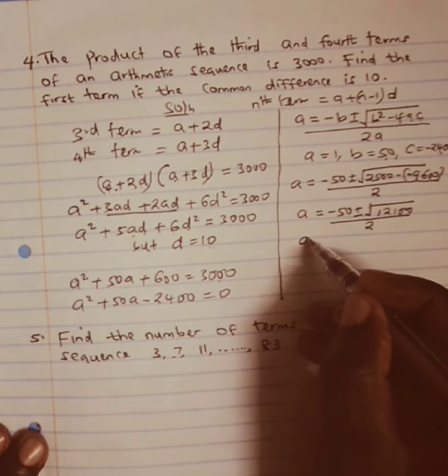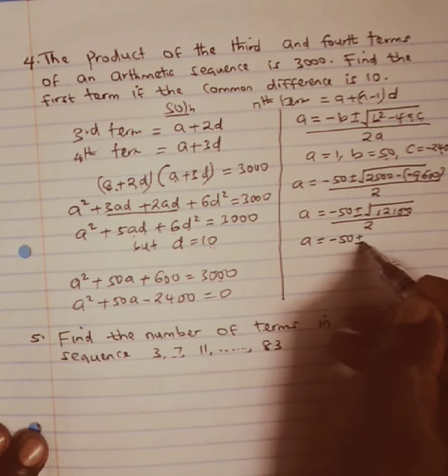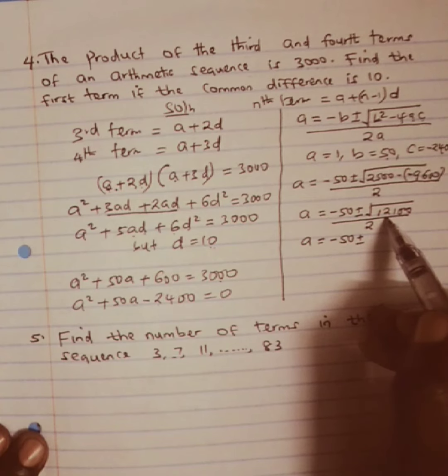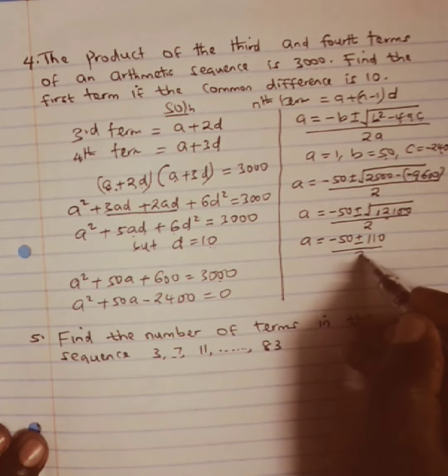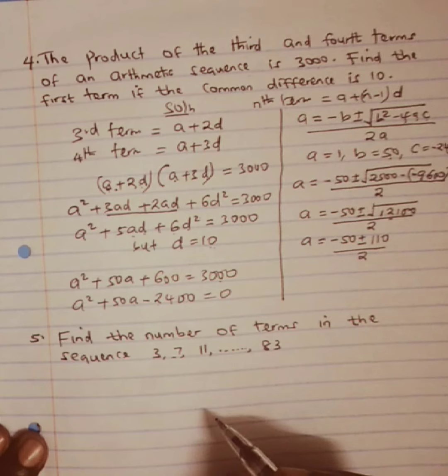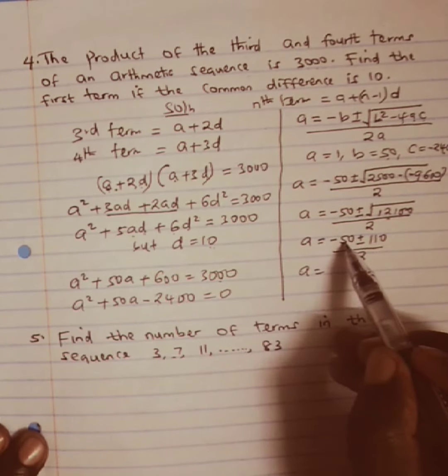We move down and have a being equal to minus 50 plus or minus the square root of 12,100, which will give us 110. Then everything is going to be divided by 2. So to get the first value of a, we are going to have minus 50.